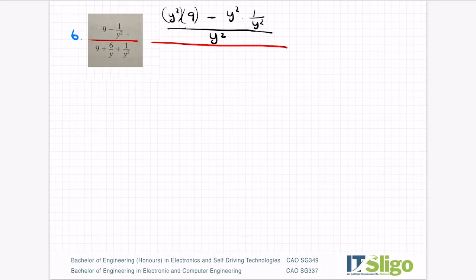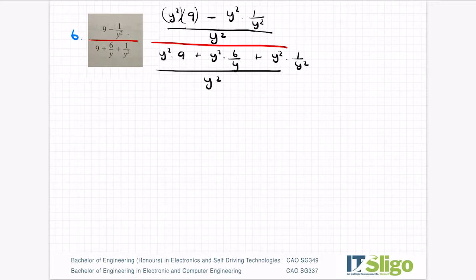On the bottom I have y squared by 9 again, because my common denominator is going to be y squared. It's the biggest term between y squared, y and 1, plus y squared by 6 over y plus y squared by 1 over y squared. Okay, so let's see what cancels.